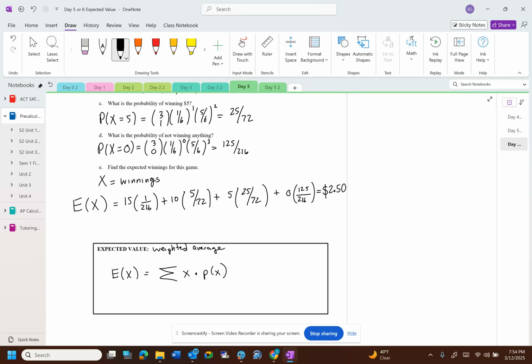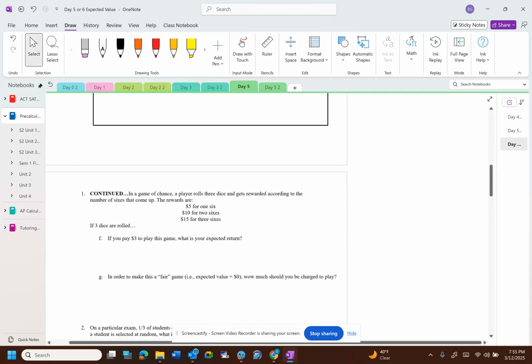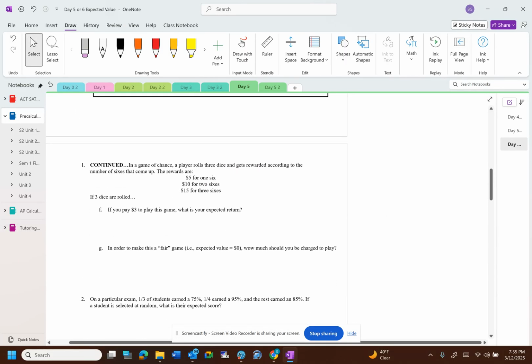Now, a lot of times in gambling games and such, you don't get to play for free. It costs you money to play. So if you look at the next page, it says, if it costs you $3 to play this game, what would be your expected return? You should be able to answer this pretty quickly. If it didn't cost you anything, we know we would win $2.50 per game.